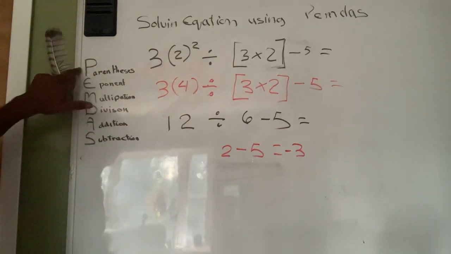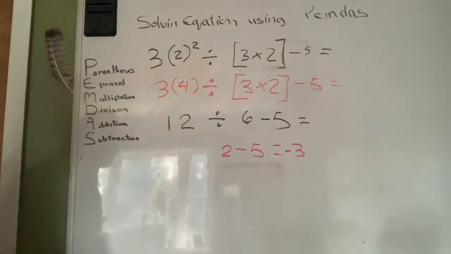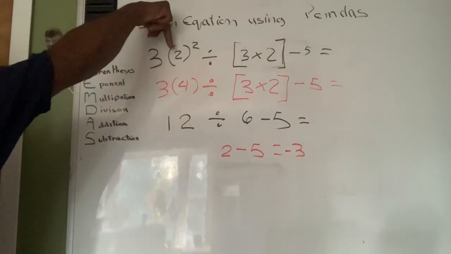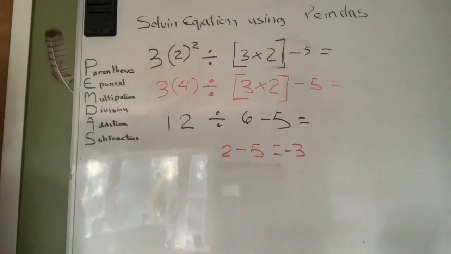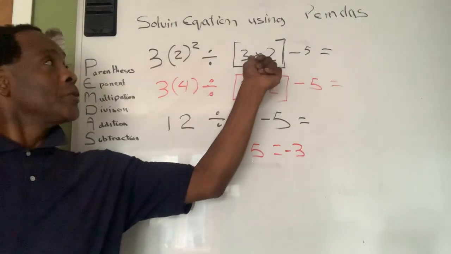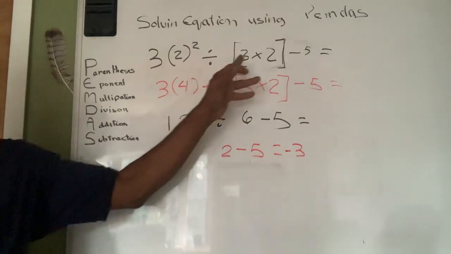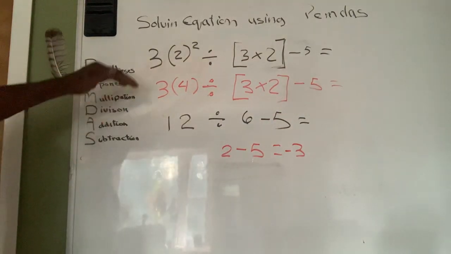The brackets are parentheses, so you have to work first with anything that is in parentheses. We know that 3 is not in parentheses, but the 2 is in parentheses, and outside it is its exponent. We also have 2 times 3, which is also in brackets.